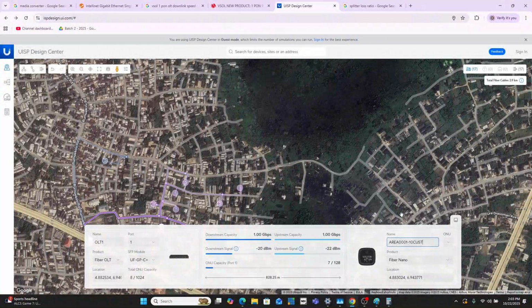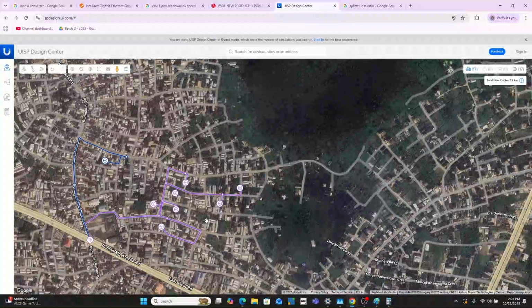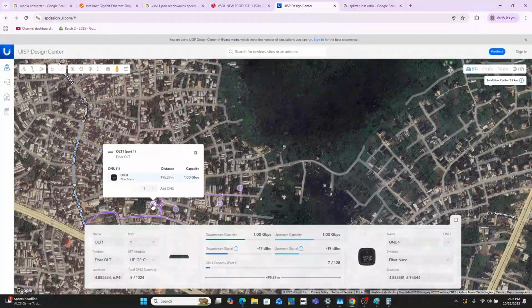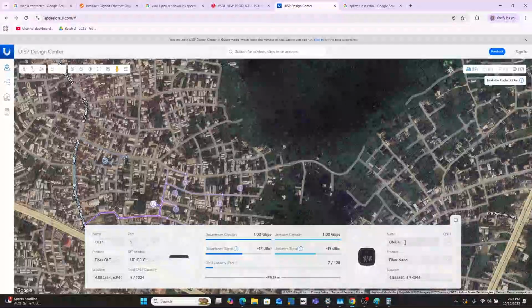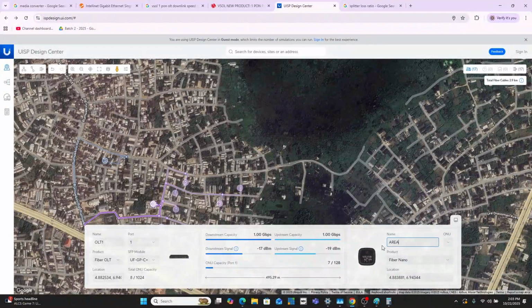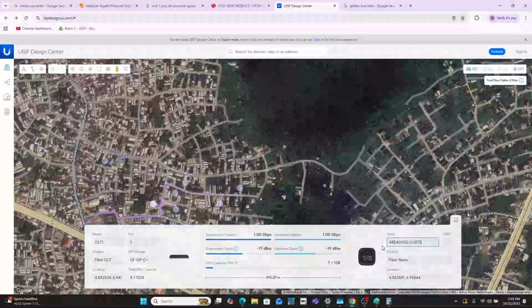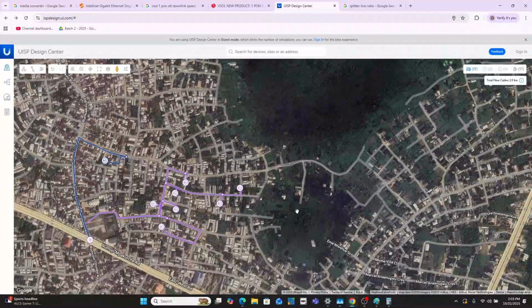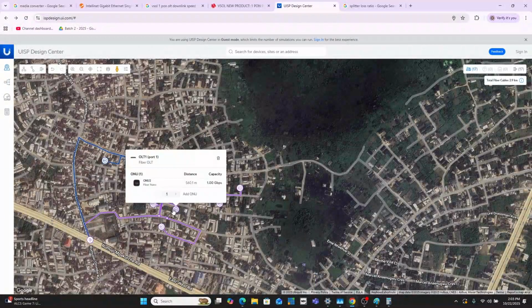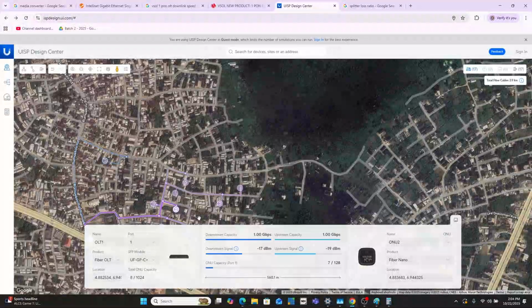I go to my area 2. That's for 5 customers here. So I call it area 0002. How many customers? 5. So that if I look at your assignment and I look at it based on this, I can interpret it.